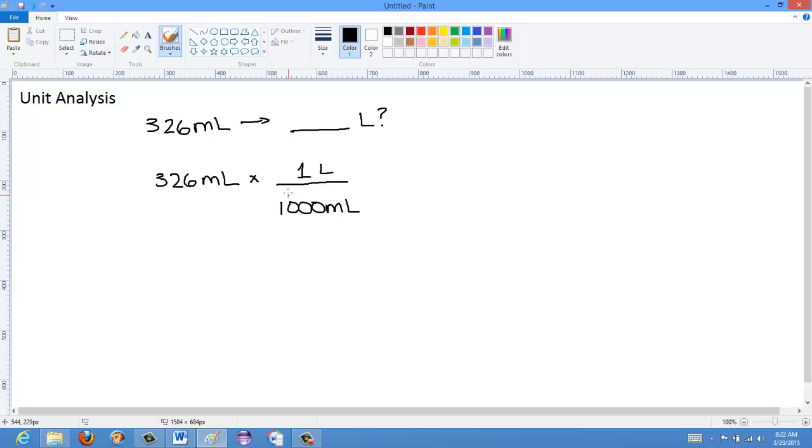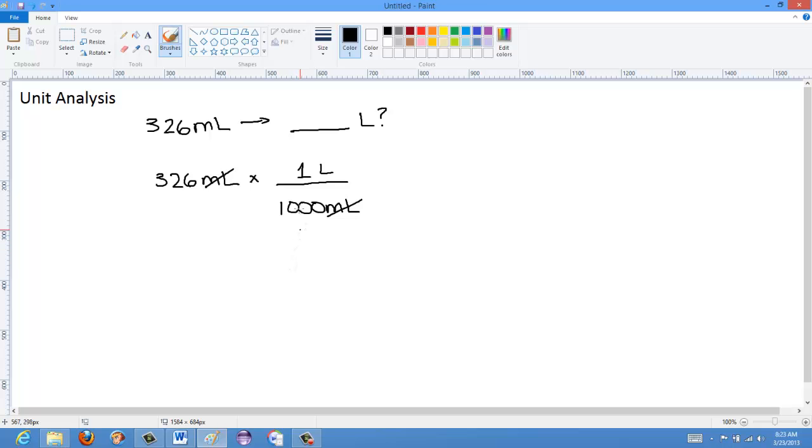Now, in order to know how to set this up, you may ask, for instance, how come I didn't flip these? Well, what I want is to recognize that the units can be multiplied or divided as well. And so what I have here is milliliters divided by milliliters, and the milliliters will cancel out with the milliliters down here.